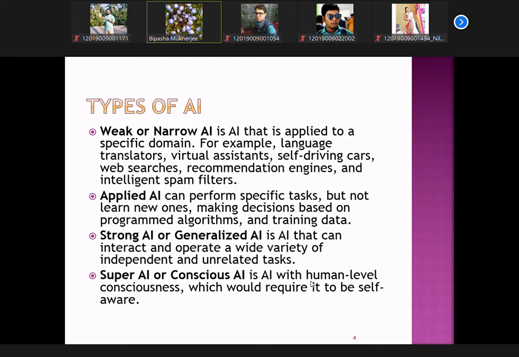That particular AI machine is not to be used for any kind of problem. They are domain specific. If you say there is a self-driving car, it can understand only its own instructions, not more than that.